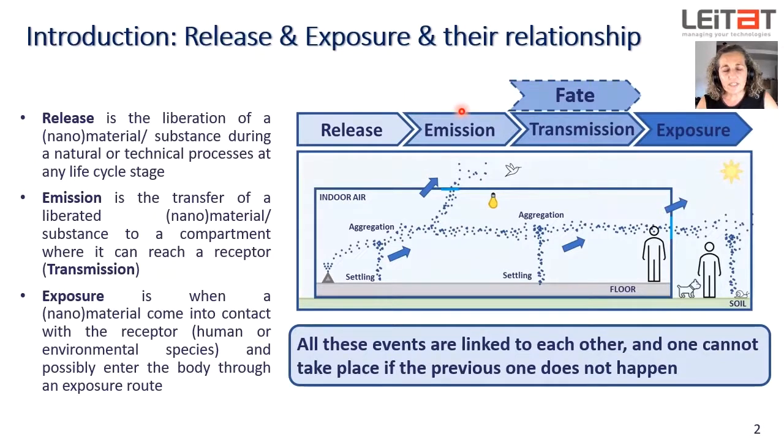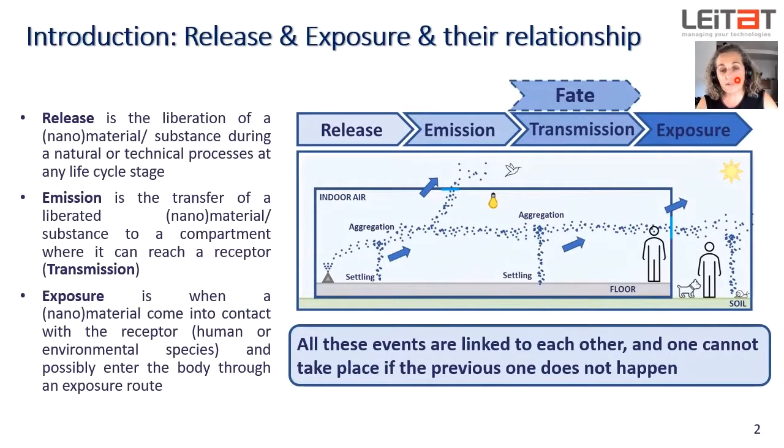During this transmission of the liberated nanomaterials, there can happen a lot of transformation and transport of these nanomaterials in the compartment or in the environment, and this is known as the fate processes that take place during this transmission step.